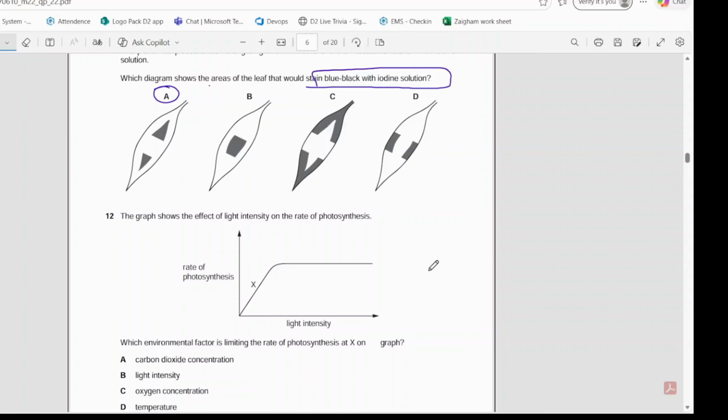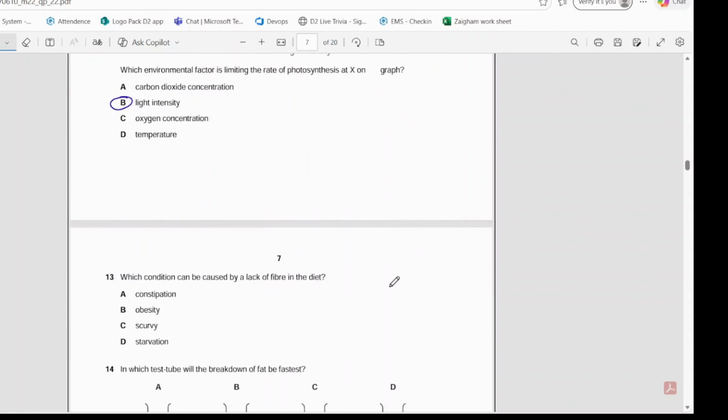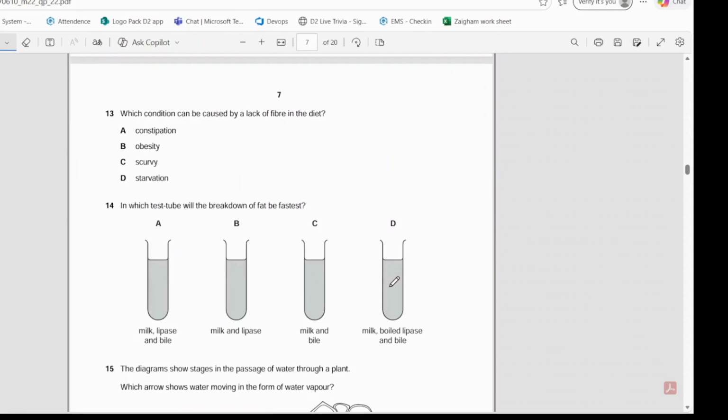The graph shows the effect of light intensity. What is X? Light intensity. Which condition can be caused by the lack of fiber? Constipation.